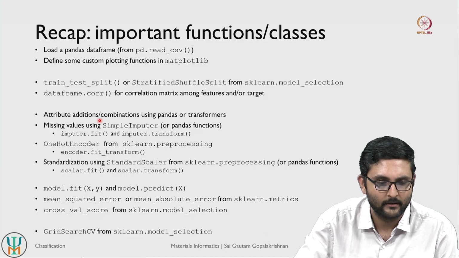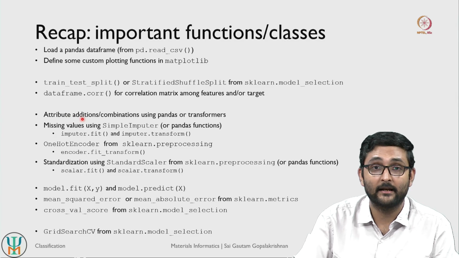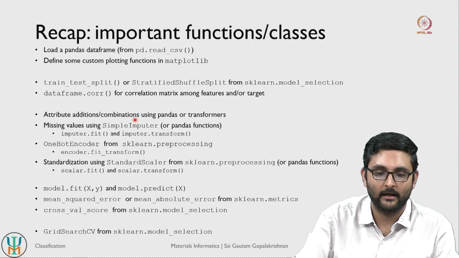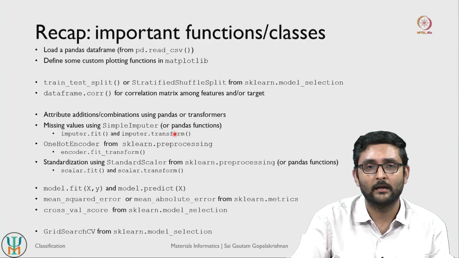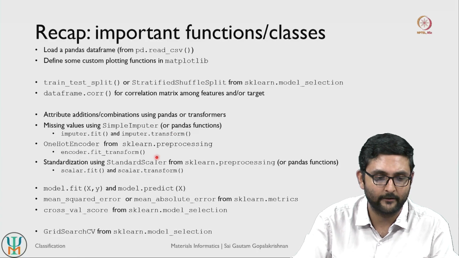And we also did a lot of data cleanup. The first thing we did was imputing missing values. Once again we used this class called SimpleImputer, which has a fit function and a transform function, and you can use that to put in missing numerical values in your data frame.